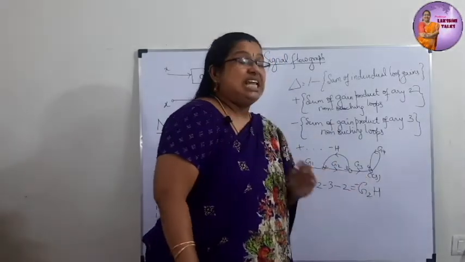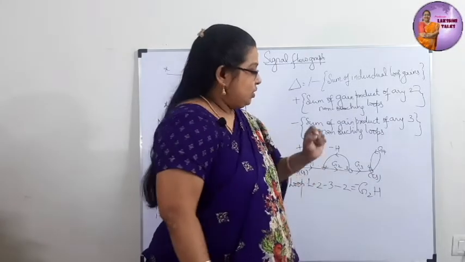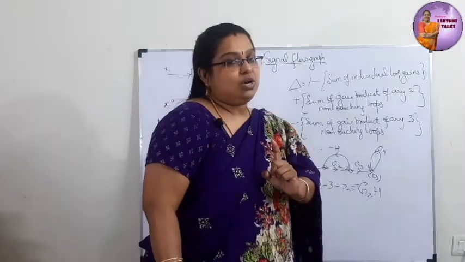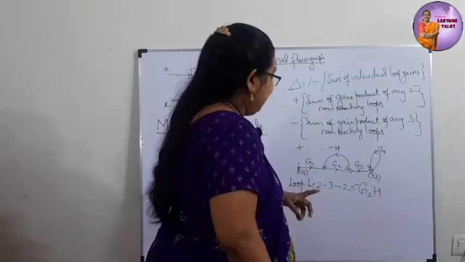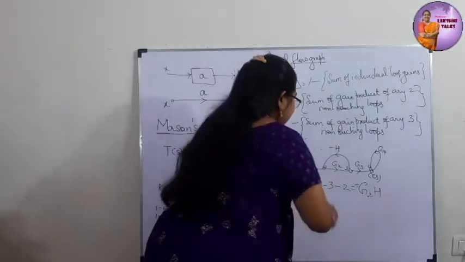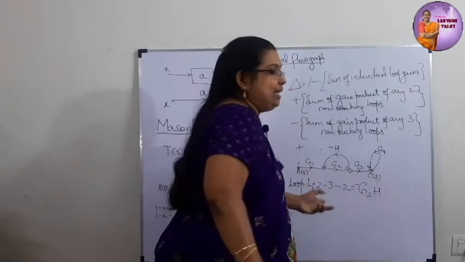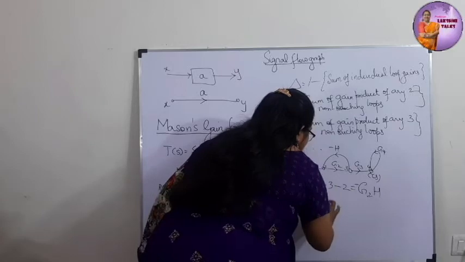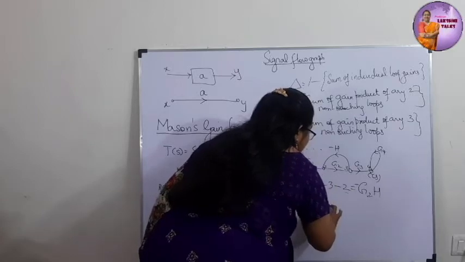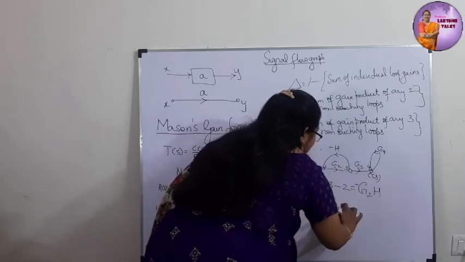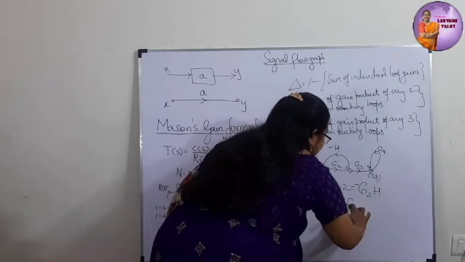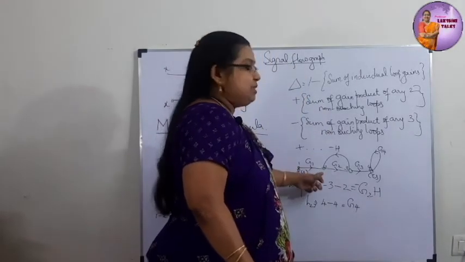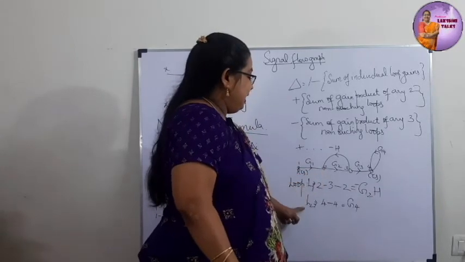So this is called a self loop. Okay, this is also a loop but with one single node. So it is called a self loop. See, so how many loops are there? Let us assume that is loop 1. And what is loop 2? Loop 2 is nothing but 4 to 4, which is nothing but G4, right? So there are two loops in this particular problem, L1 and L2.